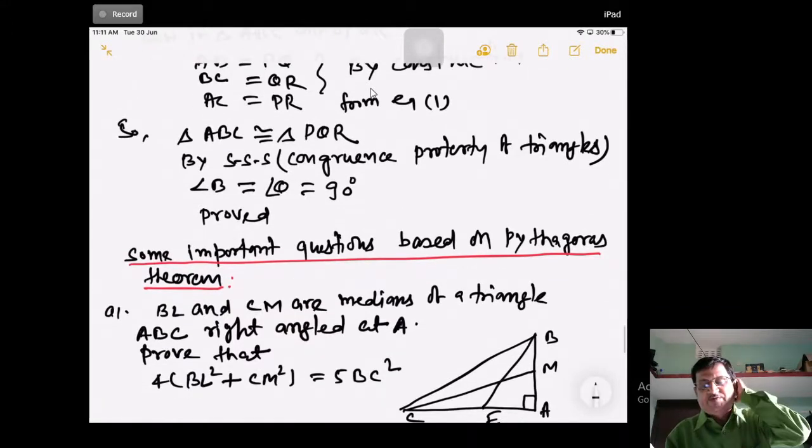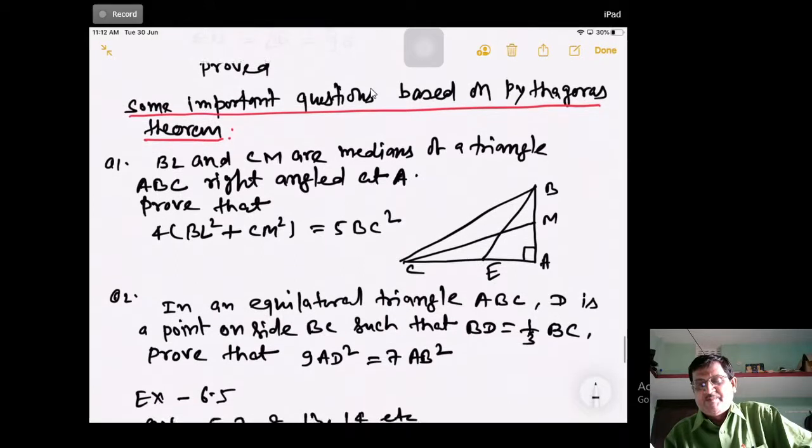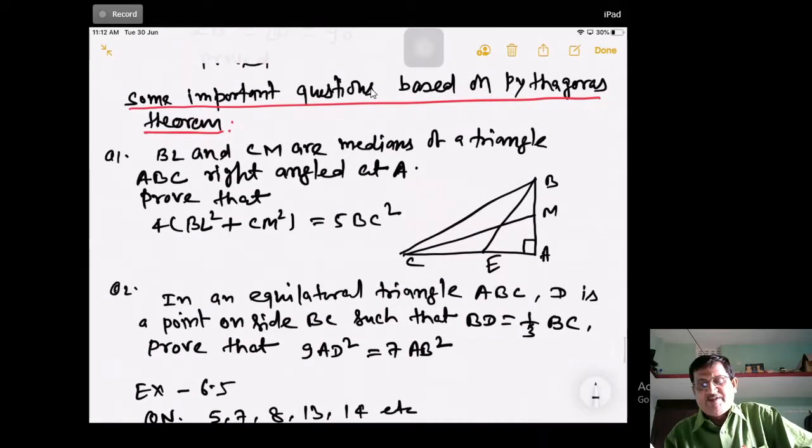You have to solve some questions based on Pythagoras theorem. I have given one or two questions. You have to try to solve them. First question: BL and CM are medians of triangle ABC.